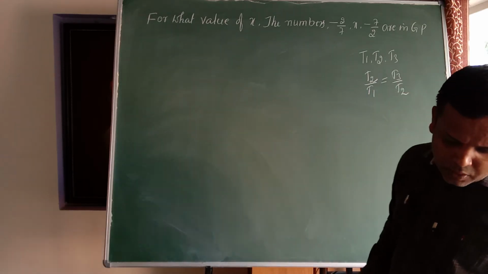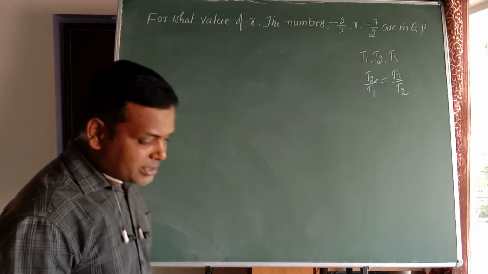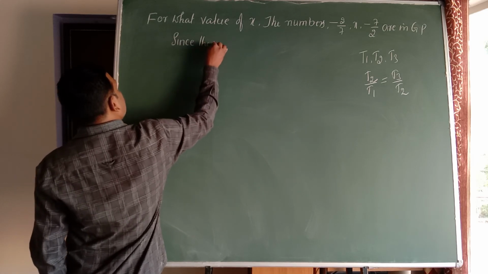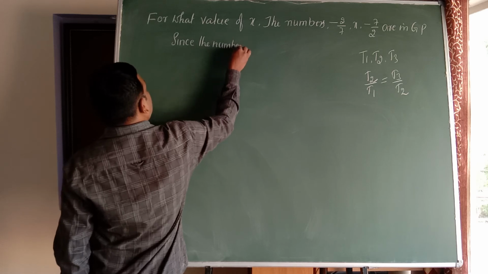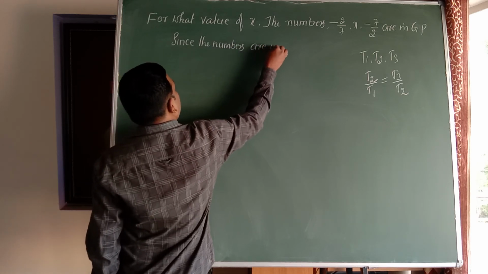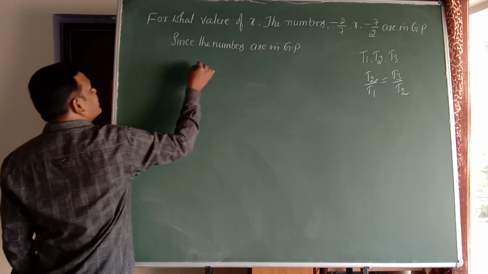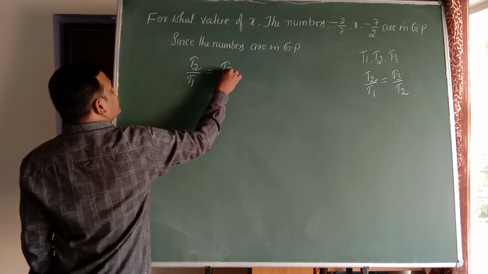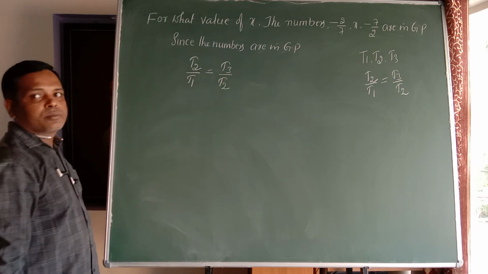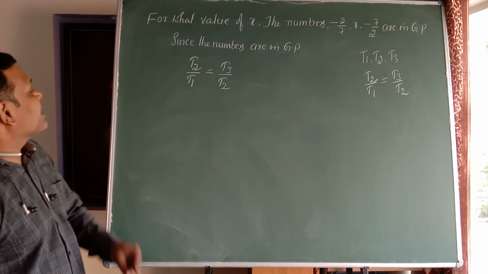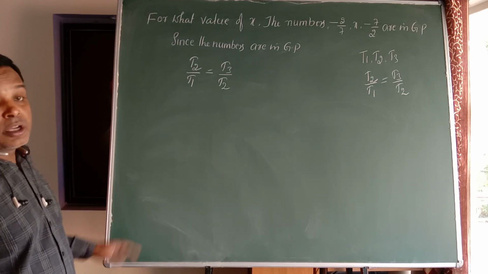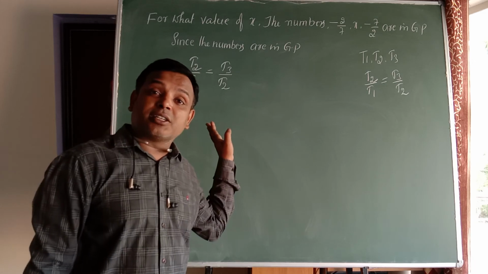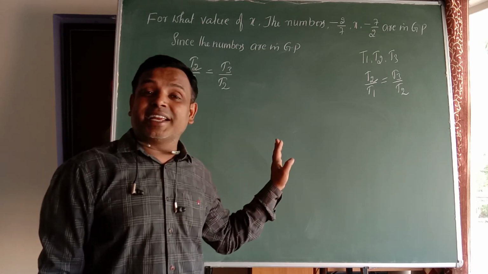Since the numbers are in GP, we can write like that because they are given three terms. T2 divided by T1 should be equal to T3 divided by T2. If they are given another number, that is equal to T4 by T3 also, and T5 by T4, and T6 by T5 also, because the common ratio between every pair of succeeding and preceding terms remains the same.